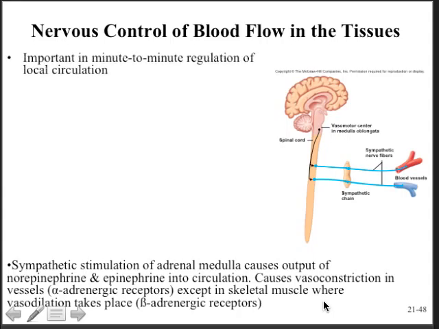Okay, nervous control of blood flow is also very important. Again, remember that all of these functions that go on to maintain homeostasis are governed primarily by the autonomic nervous system. So there is an important factor. We have to determine how the brainstem is going to interact with the ganglia and with the effectors in order to carry this out.